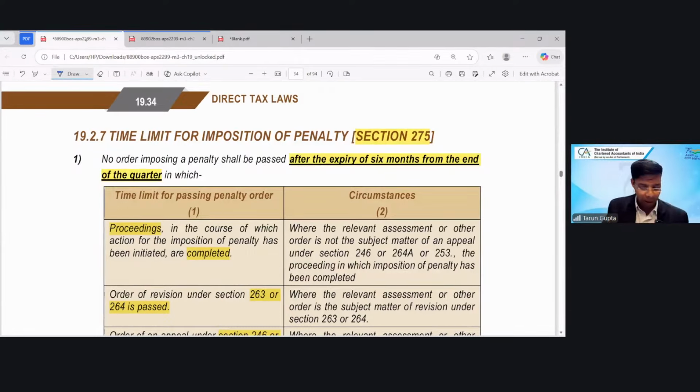So, the time limit of levying a penalty. The penalty cannot be levied after the expiry of 6 months from the end of the quarter. Remember, from the end of the quarter.